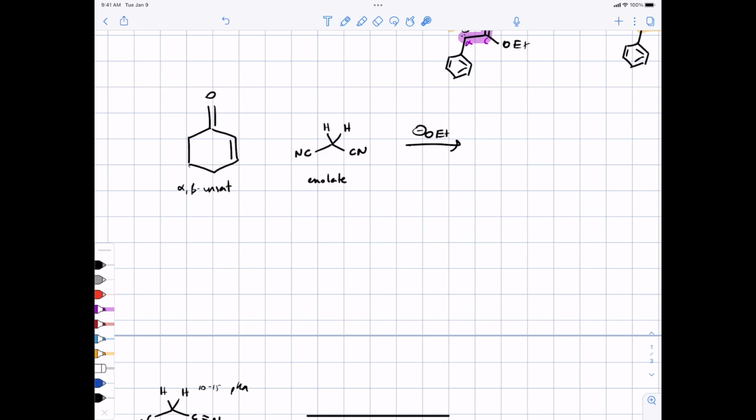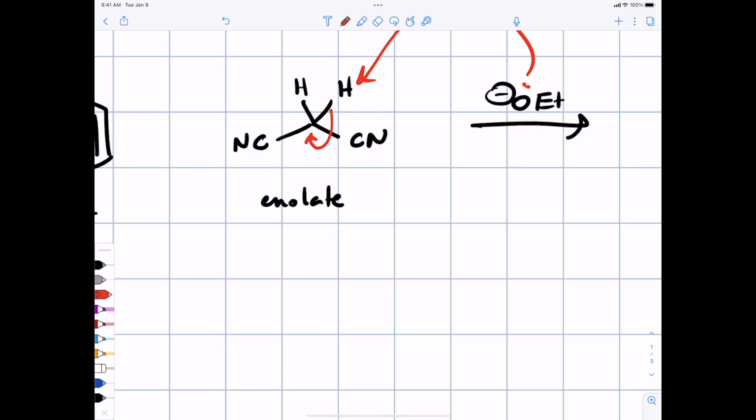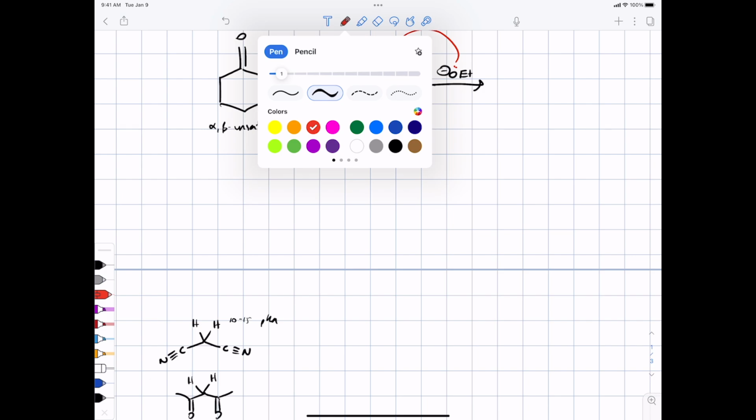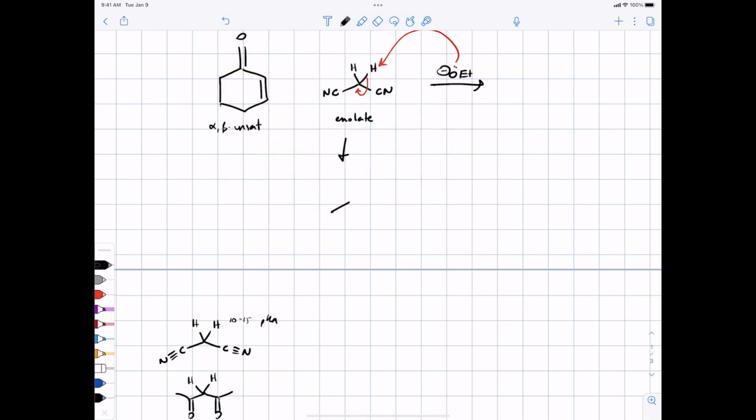All right, well, having identified the enolate, let's take ethoxide and remove a proton from this basically beta dicarbonyl compound. Any other questions about how I knew what to do there?